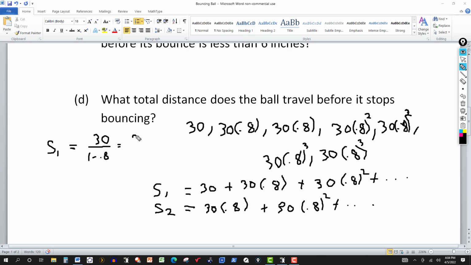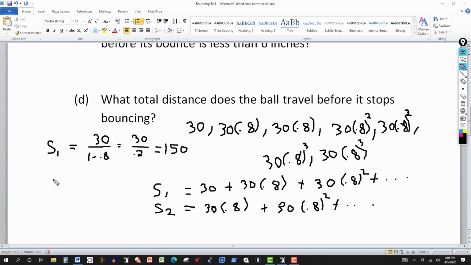So this will be 30 over 1 minus 0.8, which is 0.2. So this is equal to 150. Now for the second one, pretty much the same sort of thing, except the first term now is 30 times 0.8, and I'm still multiplying by 0.8.